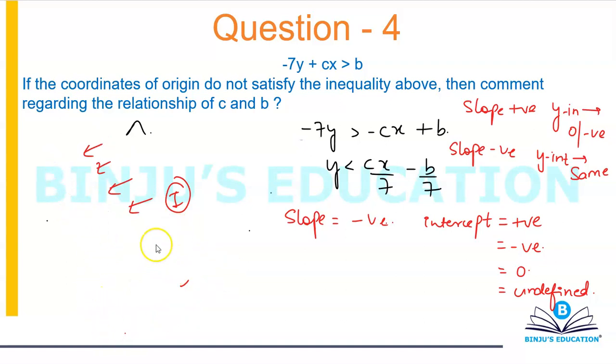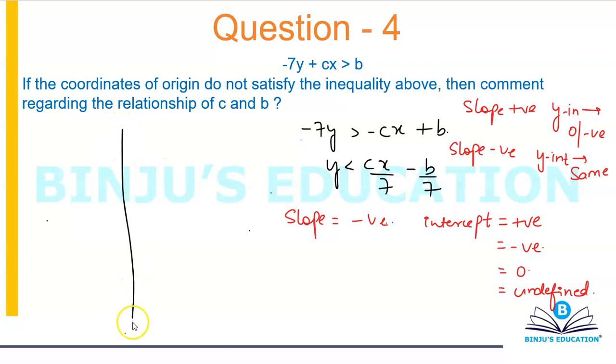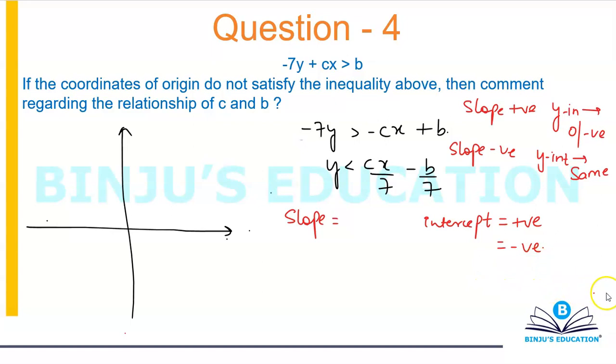Let's go for case number 3 now. Case number 3 is when slope is 0. Now when slope is 0, I can have 3 types of lines.